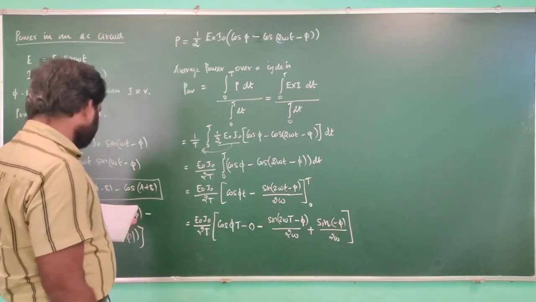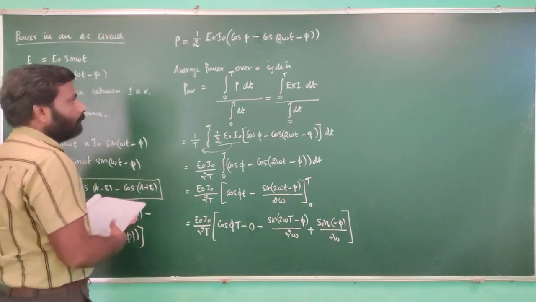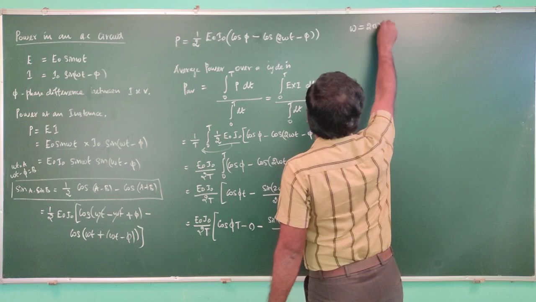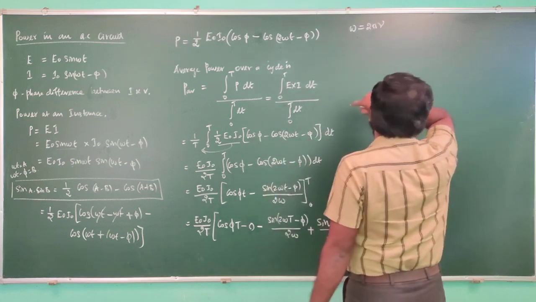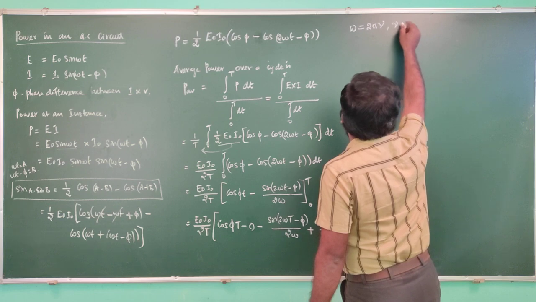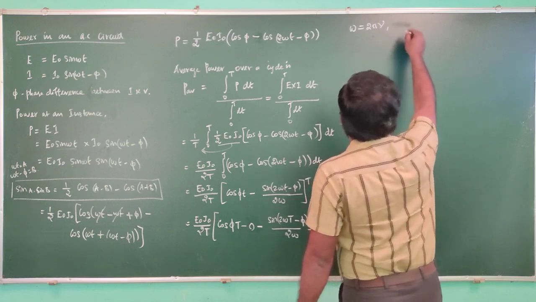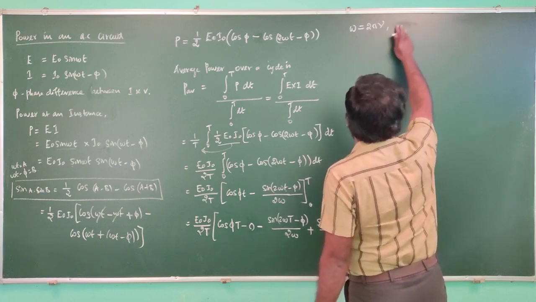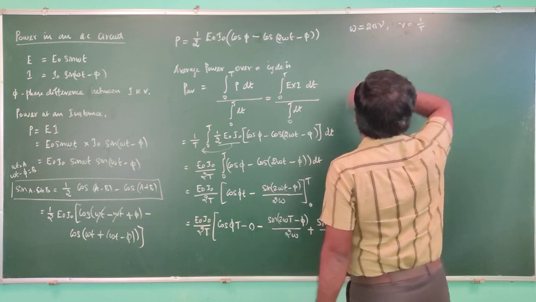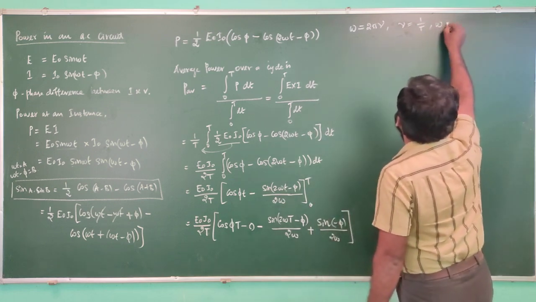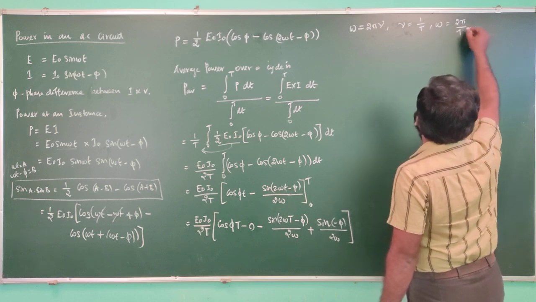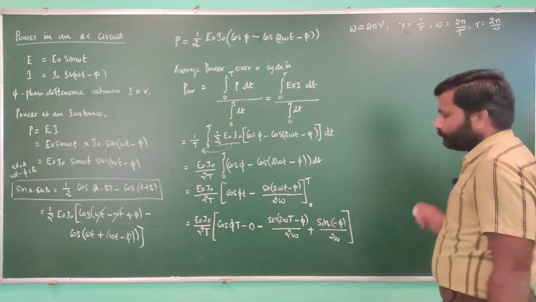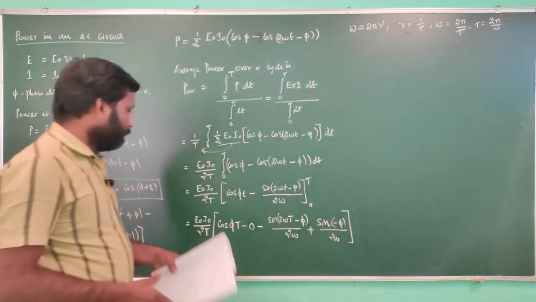So now, omega is an angular frequency that you can write as 2 pi nu. You can write the angular frequency in terms of linear frequency, and the relation between the period T and the frequency nu is nu equal to 1 by T, so that omega equals 2 pi by T, or you can write T equal to 2 pi by omega, so that we can substitute here.